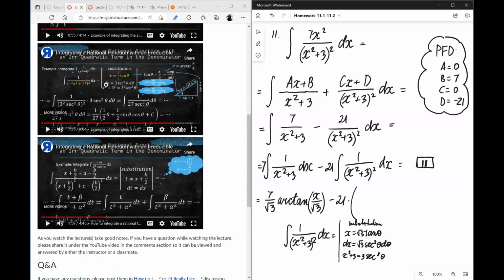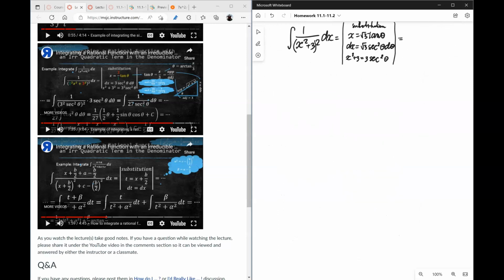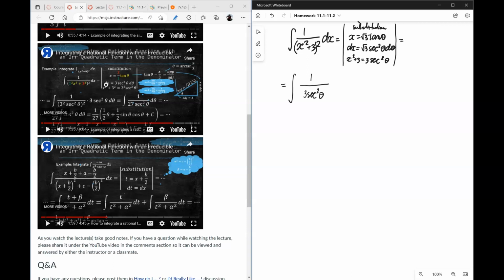So that, let's just remove everything from our view. So the problem now becomes the integral of 1 over (3 secant squared theta) squared, and dx will be square root of 3 secant squared theta d theta.